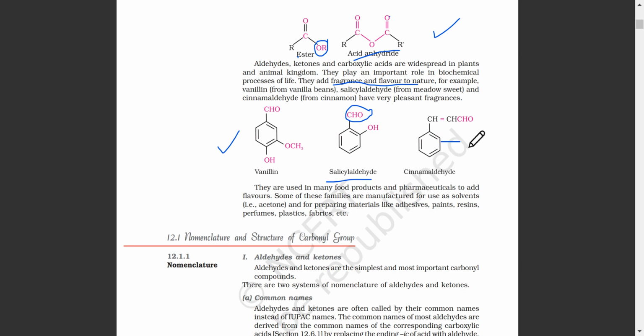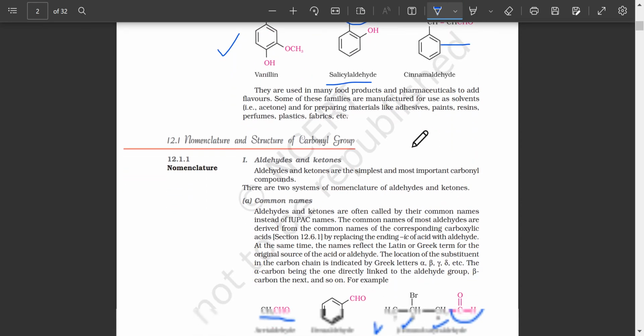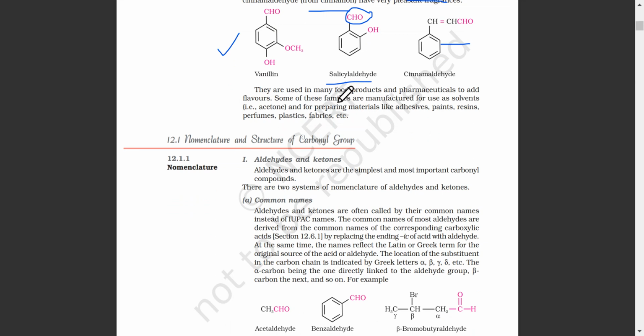You have cinnamaldehyde, just remember the structures superficially. Then from meadowsweet, the salicylaldehyde, vanillin from vanilla beans, and cinnamaldehyde from cinnamon have very pleasant fragrances. They are used, of course, for their aroma and in many food products and pharmaceuticals to add flavors. Some of these families are manufactured for use as solvents, that is acetone, and for preparing materials like adhesives, paints, resins, perfumes, plastics, fabrics, etc. So these are the very basic uses.